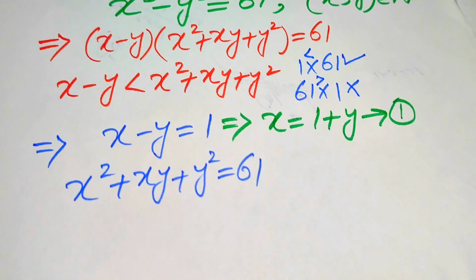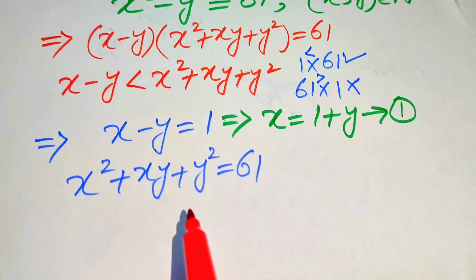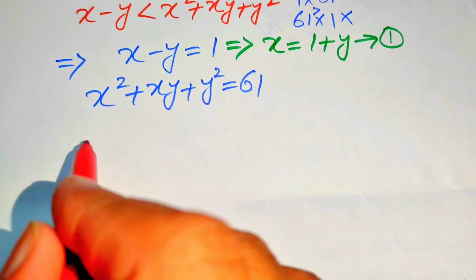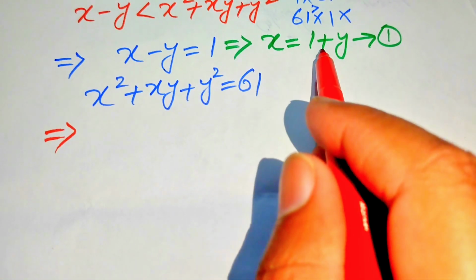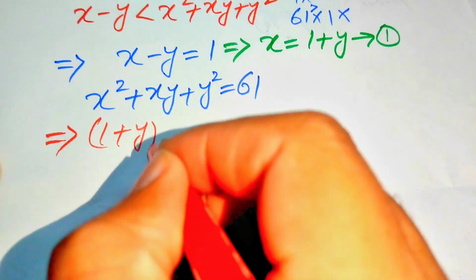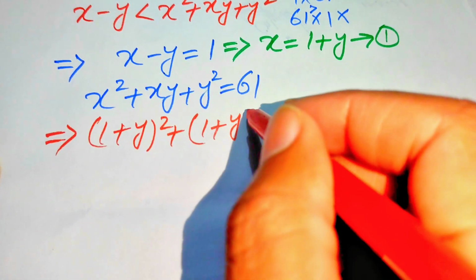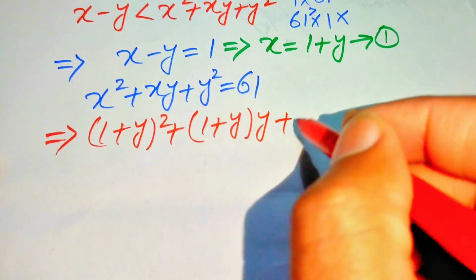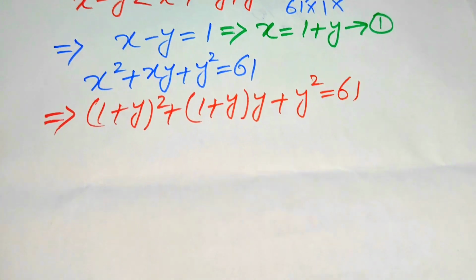Now we substitute the value of x in the other equation, and it is written as (1 plus y) square plus (1 plus y) into y plus y squared equals 61.